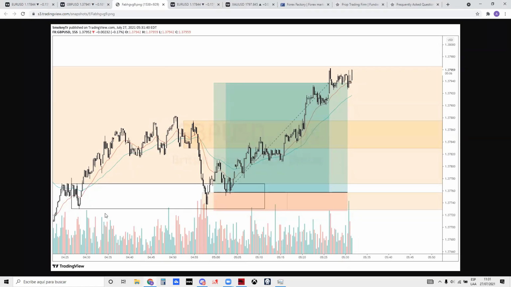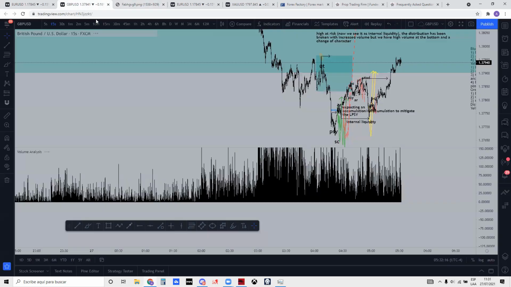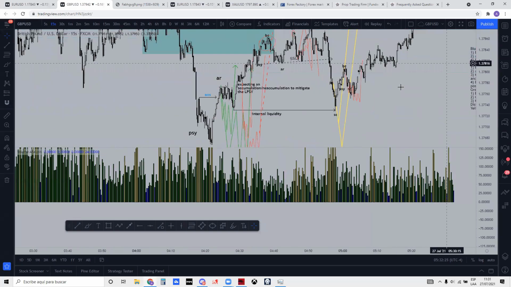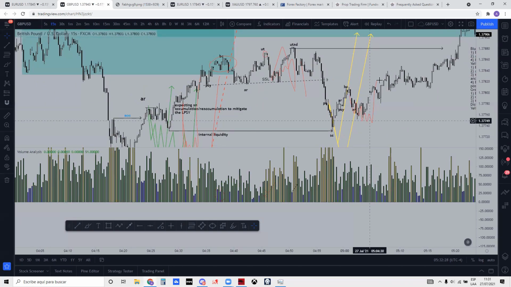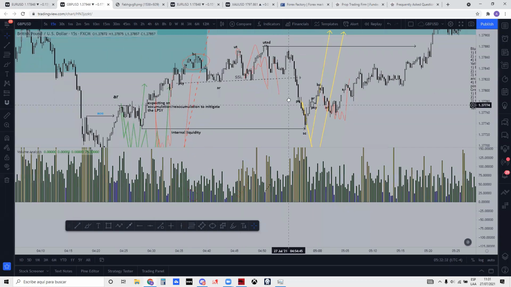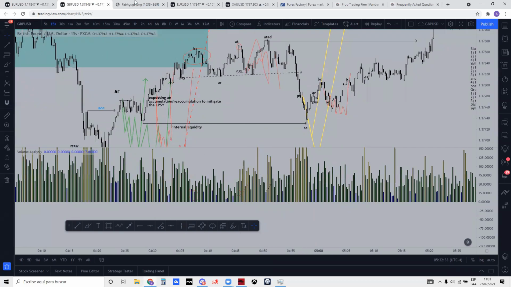Okay, I see. So you took a trade after we grabbed the liquidity that was our target, right? This one. Oh, here, what I call this reaccumulation, right? This was your trade? Yeah. Nice.